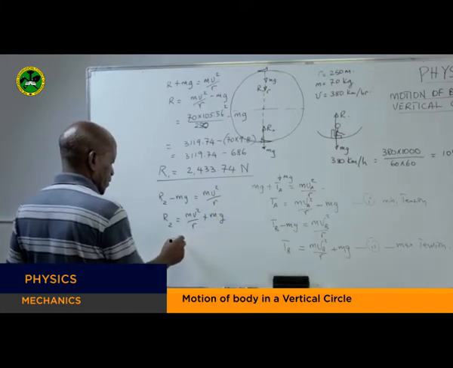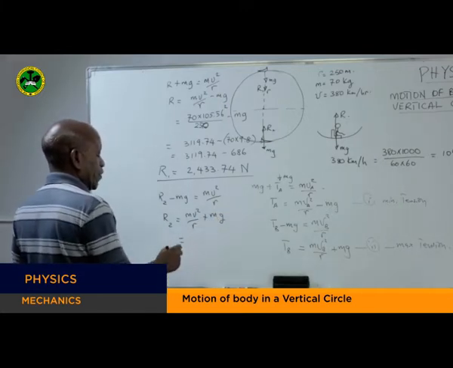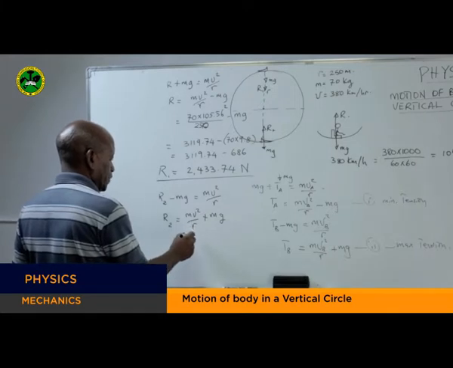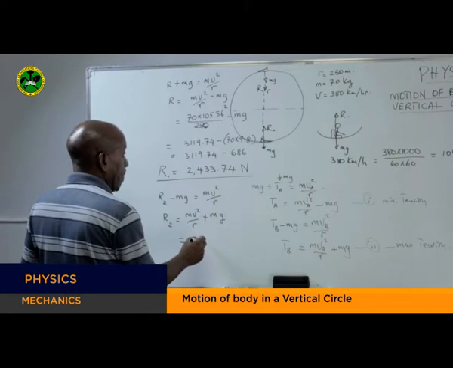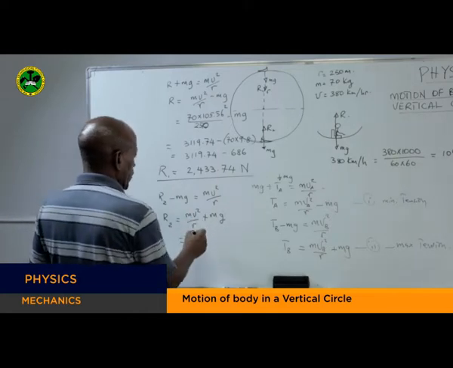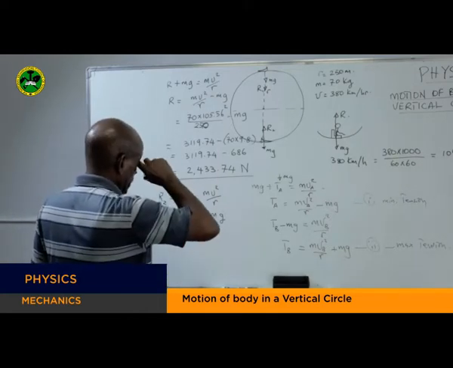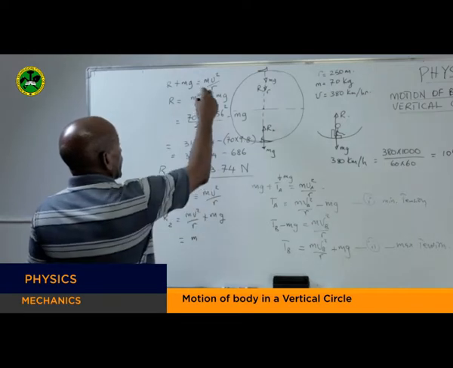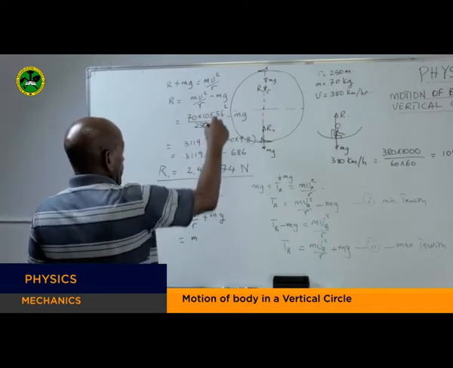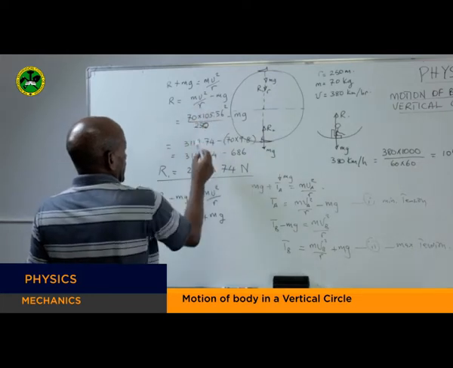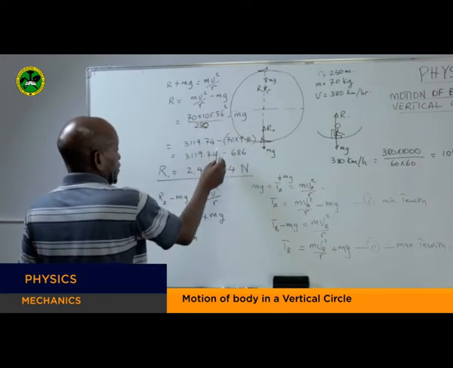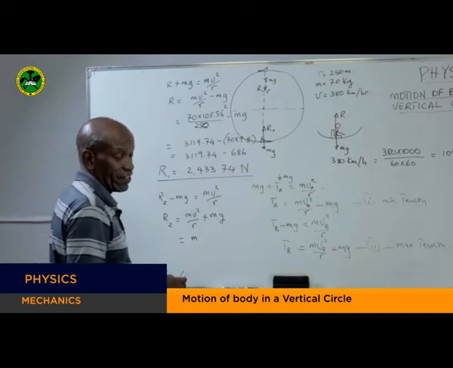If we substitute there, we use the same values, whereby mv squared over r is this much, but instead of minus we are now adding.